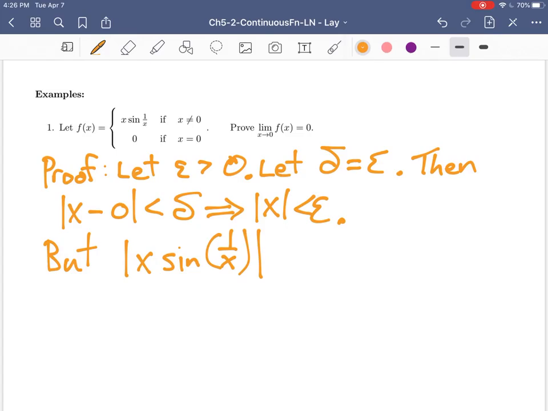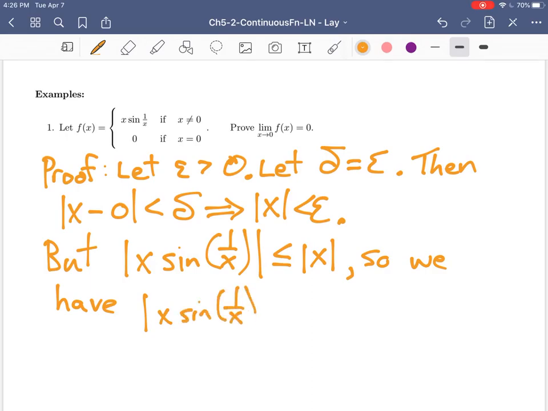So the absolute value of x sine of 1 over x should always be less than or equal to the absolute value of x. So we have the absolute value of x sine 1 over x minus 0 is less than epsilon.